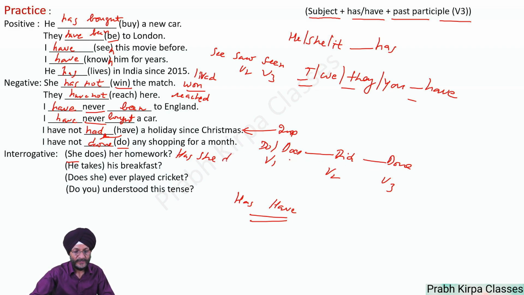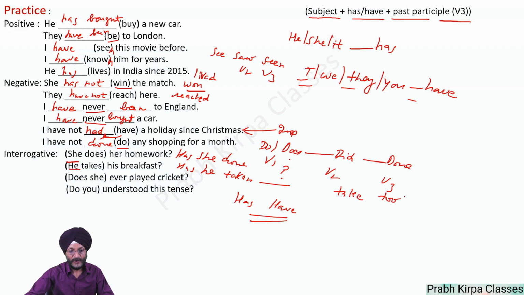Has she done her homework? At the last, we will add a question mark. In the case of he, the question will again start with has he. Take becomes take, took, taken. Has he taken his breakfast?